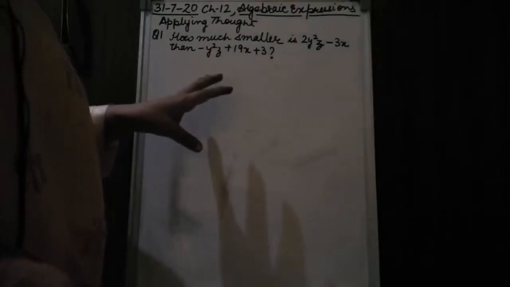Now yesterday we have done how much bigger, larger is this than this. So there you subtracted this minus this and you got your answer. But now here it is saying how much smaller, how much less this expression is than this one. So when we compare, if this is smaller, then this one is going to be bigger.